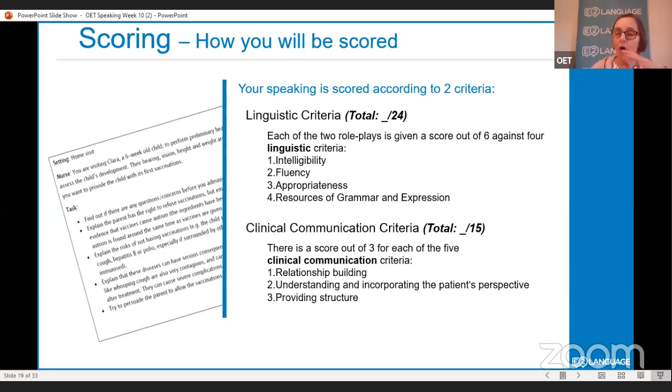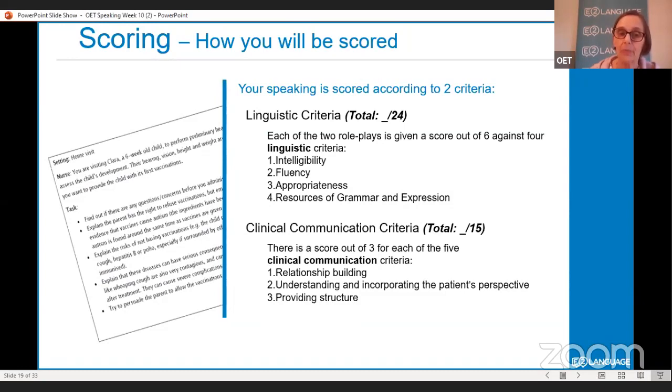Stick to what's on the card. Work through it step by step. It's organized. You don't want to be all over the place. The patient doesn't know what's going on. Gather information, so you need to ask the appropriate questions from your patient, and also give them information. And once you've given information, ask them if they've understood.